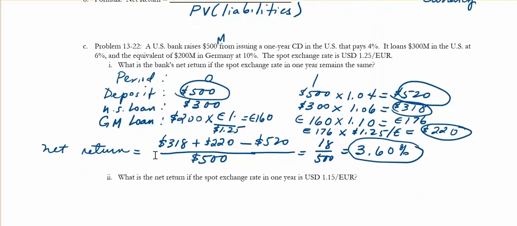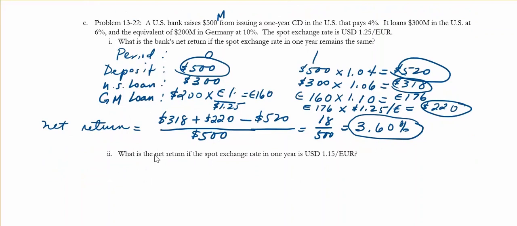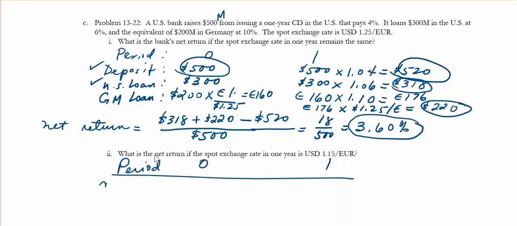Now, what would happen if the spot exchange rate changes? Well, all of this stays the same, but the Germany loan changes. So the German loan, we're still lending out 160 million euros, and we'll still receive 176 million euros, but what that turns into dollars will be different.